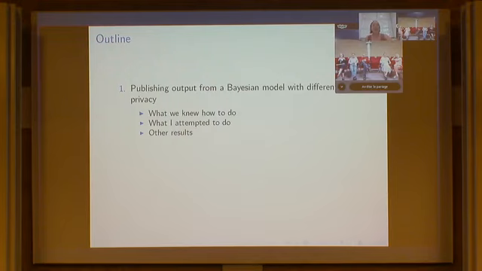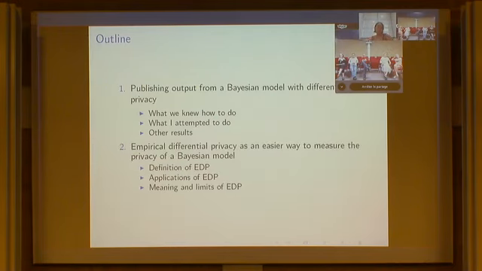And then I'll briefly go into other results, which I was just informed of very recently as the ad for this presentation was published. And then in the second part, I'll talk about something else, which is very related, which is empirical differential privacy. The idea there was it was proposed as an easier way to measure the privacy of a Bayesian model. And so I've been studying this.